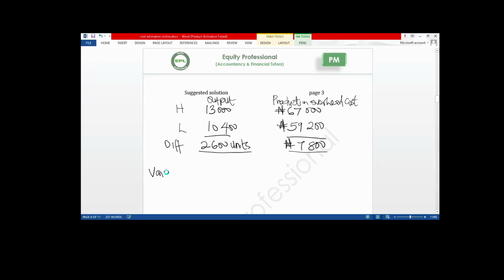Yes, sir. Variable overhead rate per unit is equal to differences in cost divided by differences in output.